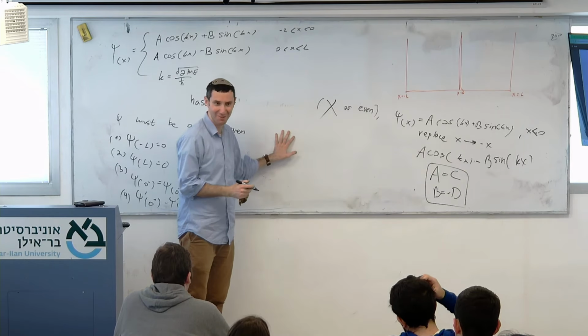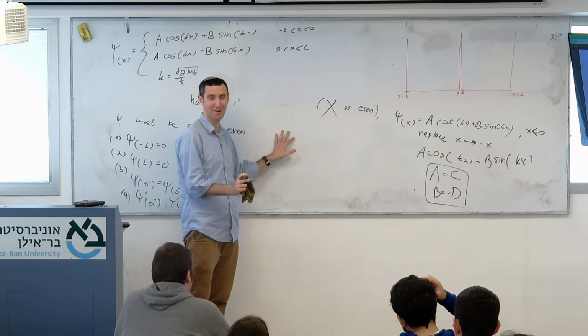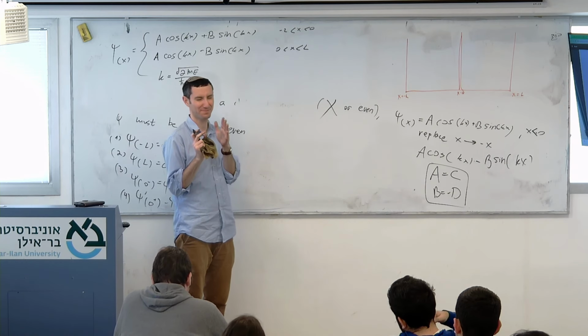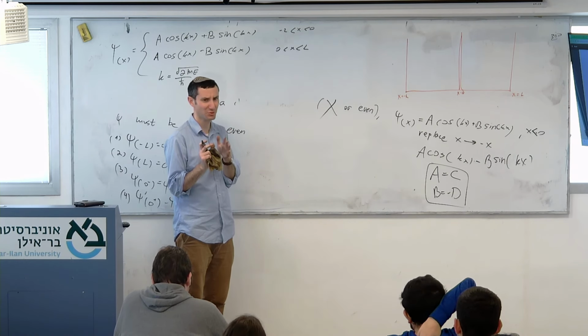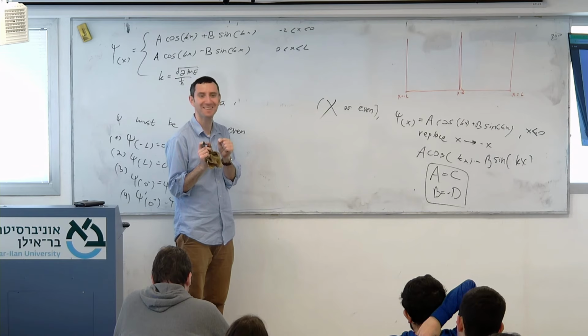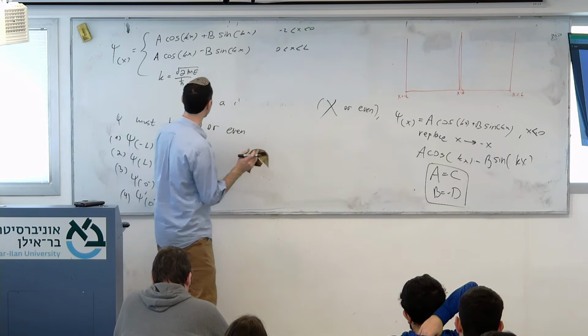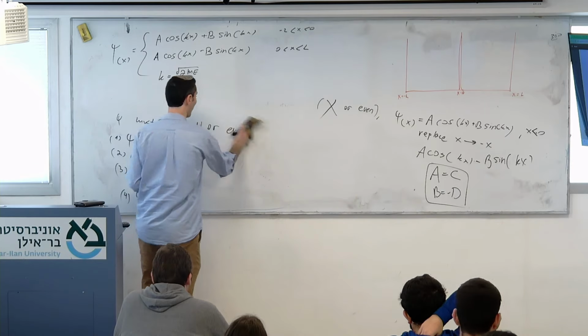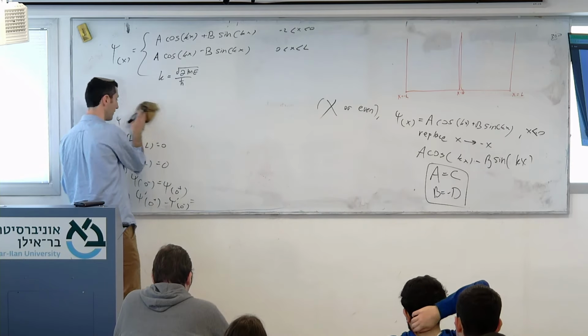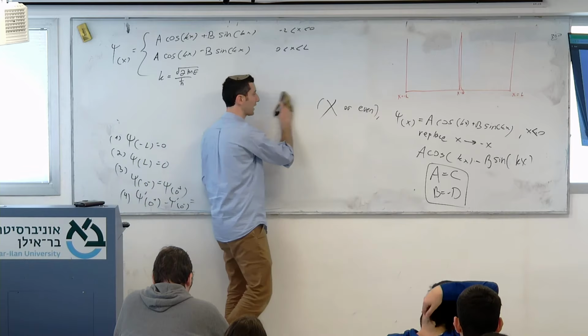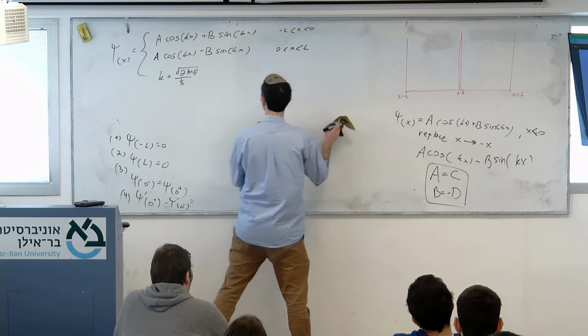Okay, what I wrote before, that when V naught has a clear parity, says that this trick works only when V is even, not odd. Sorry for misleading you.